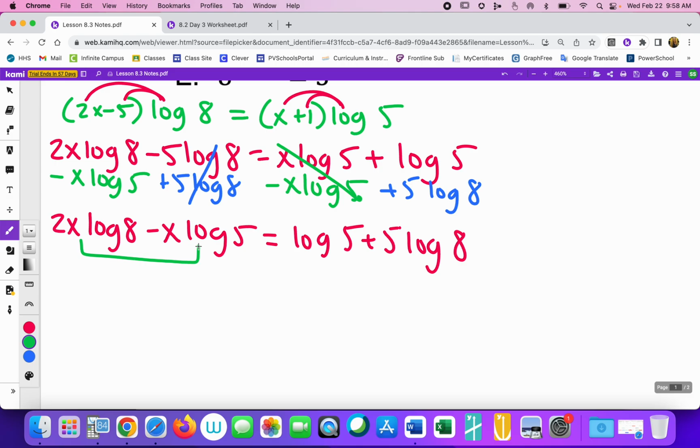So when the x terms are on the same side, if there's 2 of them, you're going to factor out an x, or whatever the variable may be. So if you want to make a note to yourself in the notes, as soon as they're on the same side, factor out whatever the variable is. So we have x, and then it's just write what it is if you just pluck the x's out. Okay, so we have 2 log 8 minus log 5, and then everything on the right is still the same for right now.